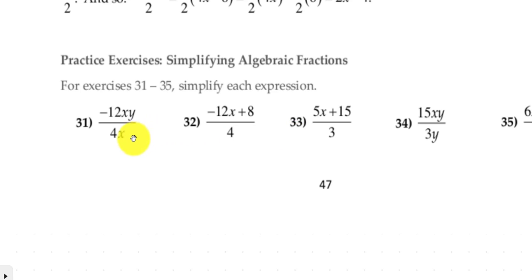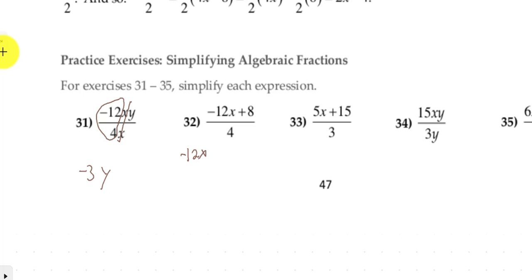So if I had to simplify number 31, okay, I would look at this negative 12 and 4. So negative 12 divided by 4 is negative 3. The x's cancel, and I'm left with just the y. Finished. Number 32, I can distribute the 4 to each term.